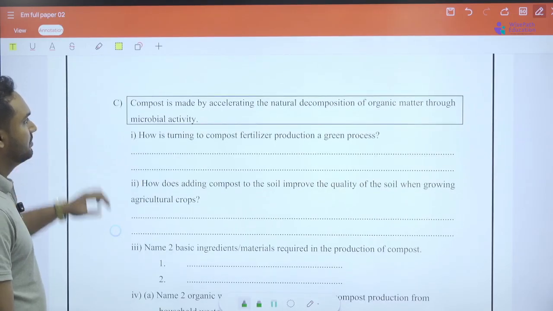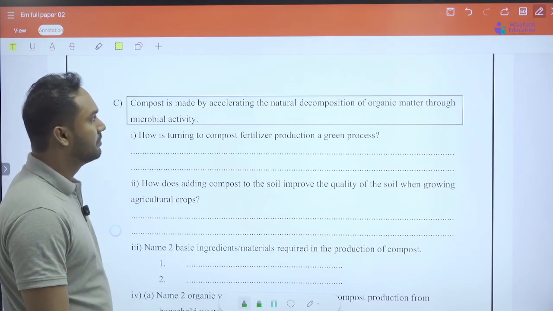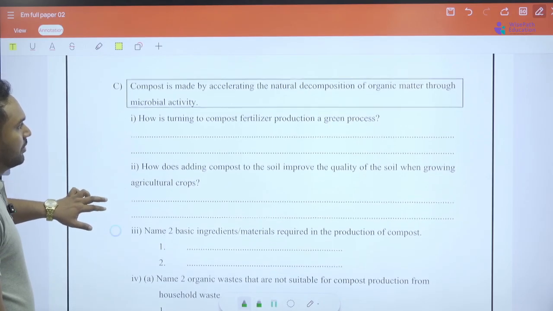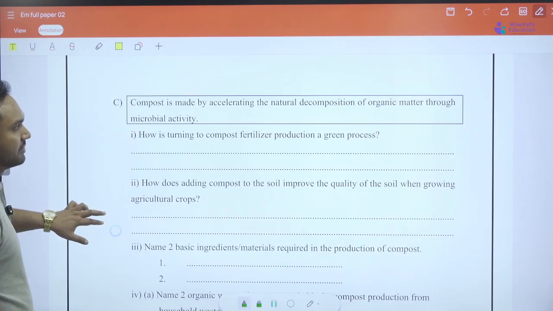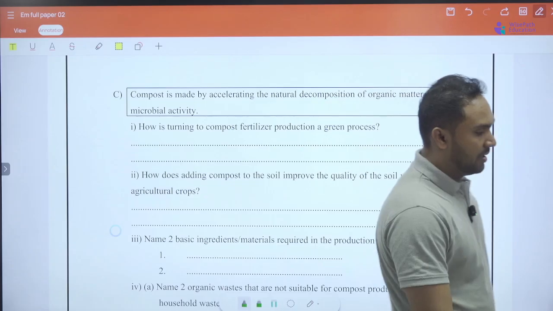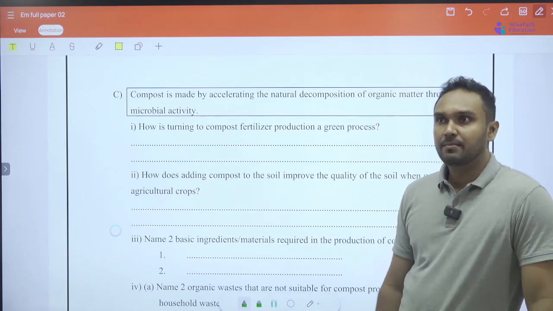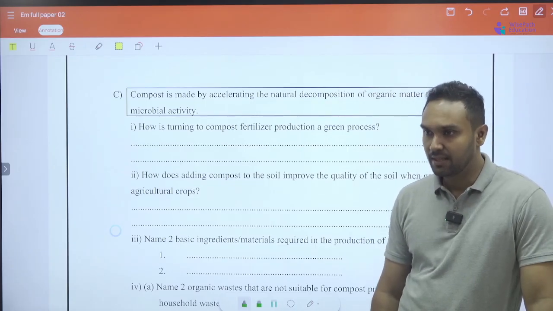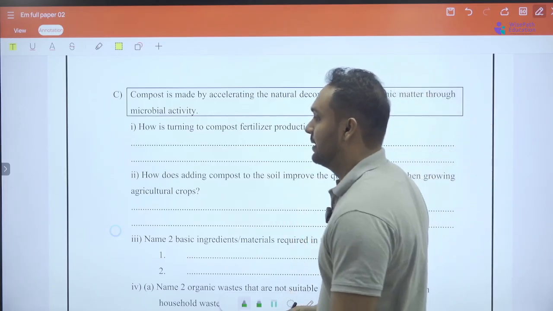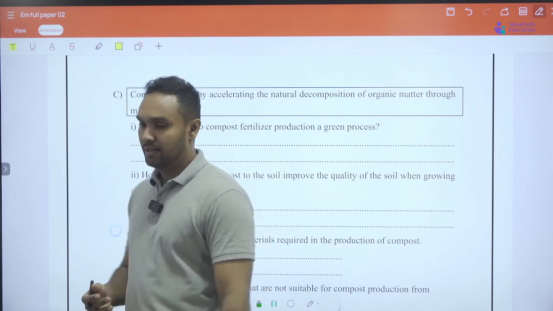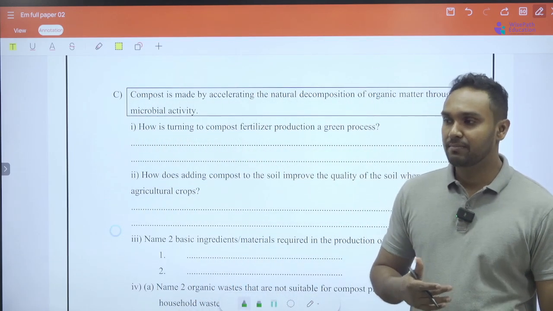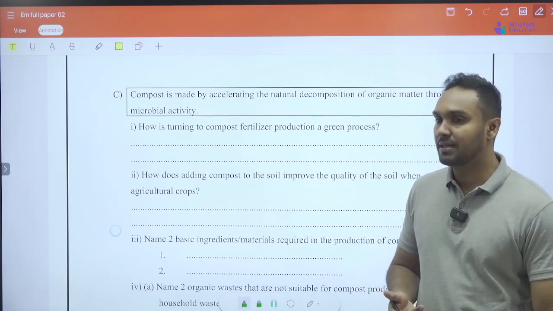Compost is made by accelerating the natural decomposition of organic matter through microbial activity. How is turning it into compost fertilizer production a green process? Usually a green process means it's sustainable. That means you produce it using certain materials, and once you produce it, you can make the materials back again, and it goes on in a cycle.